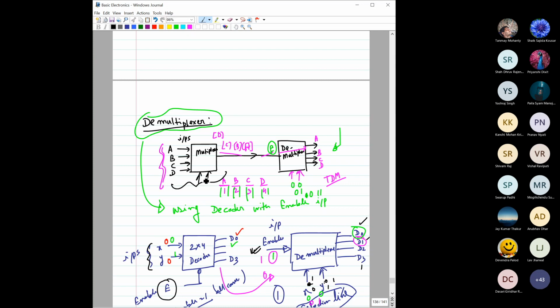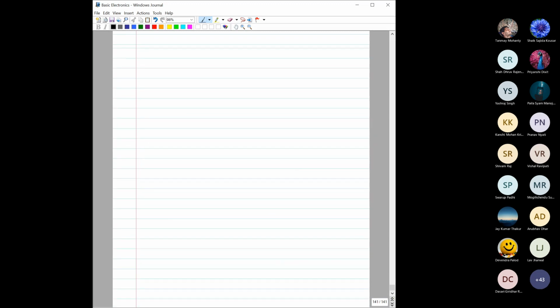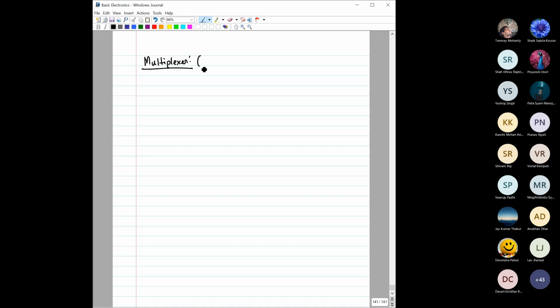Depending on the values of the selection lines, only one of the inputs will be connected to the output. So let us try to implement that and see what the basic circuit of this is, and also a couple of other operations using this multiplexer. Multiplexer is sometimes also abbreviated as MUX.